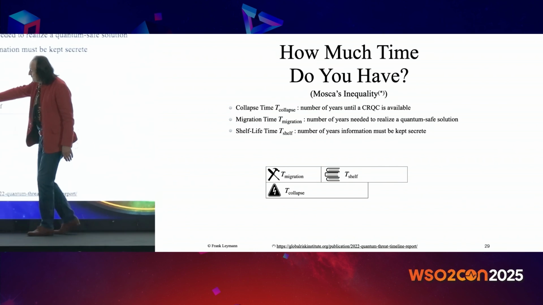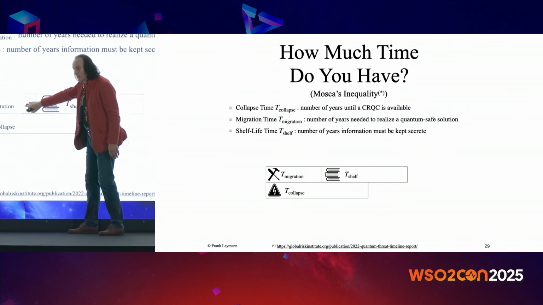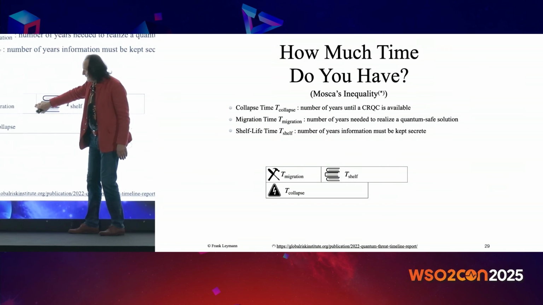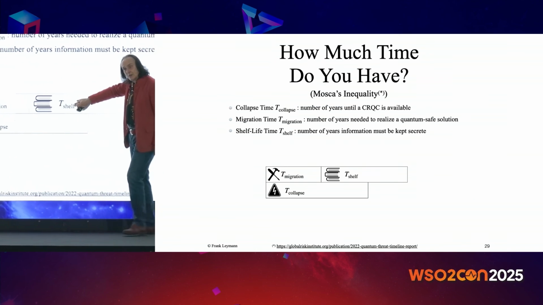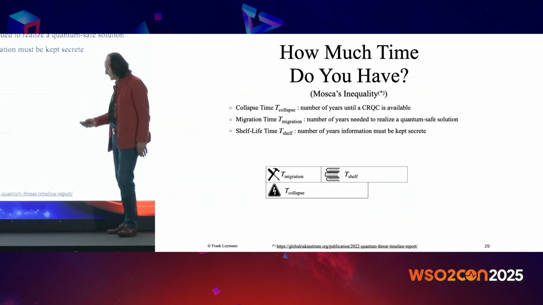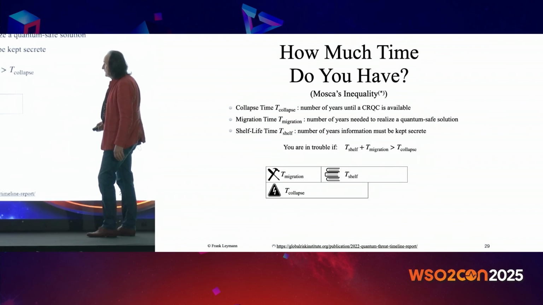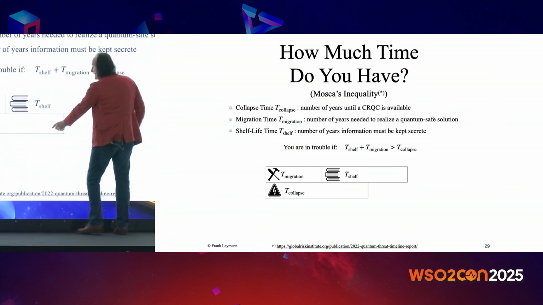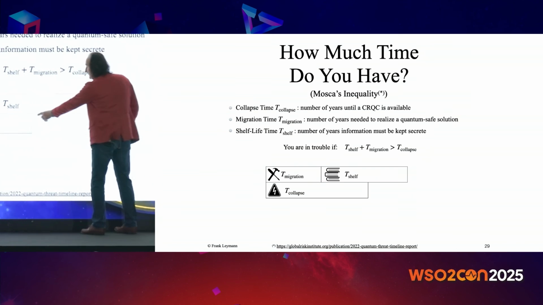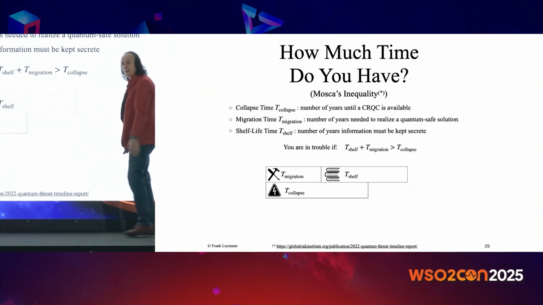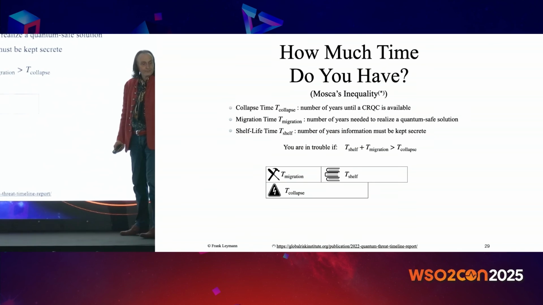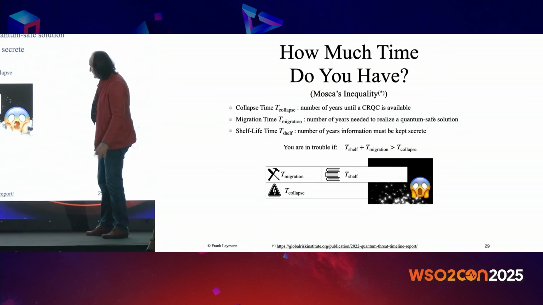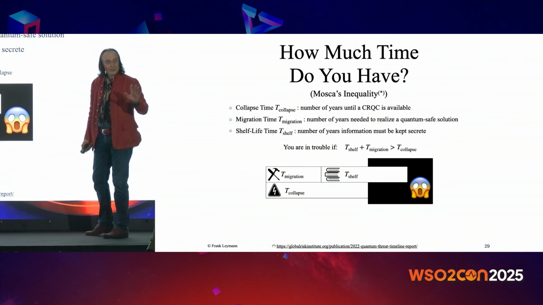Typically, while you migrate to a quantum safe infrastructure, you produce information, and on the last day, you also produce information that must be kept secret for this number of years. You are in trouble if the shelf time plus the migration time is less than the collapse time, because from that time on, all your data can be decrypted. You don't want to run into this situation.